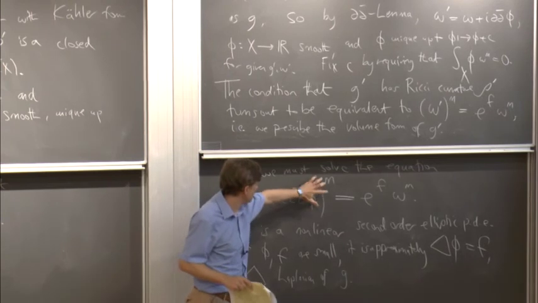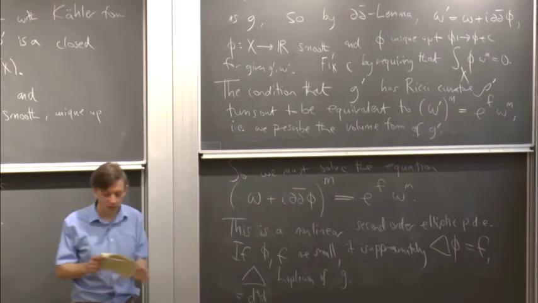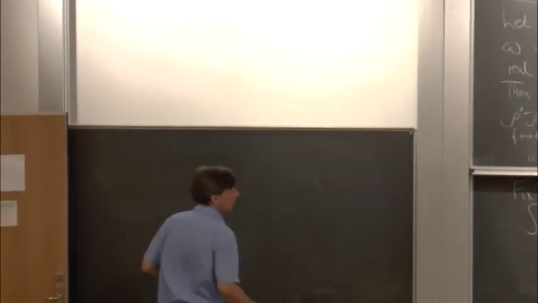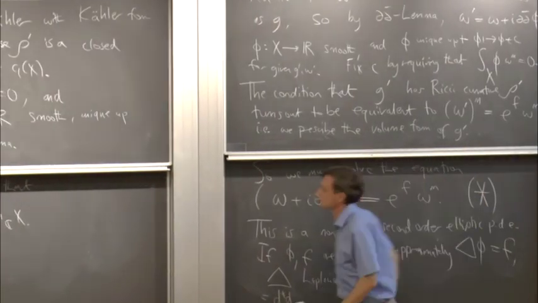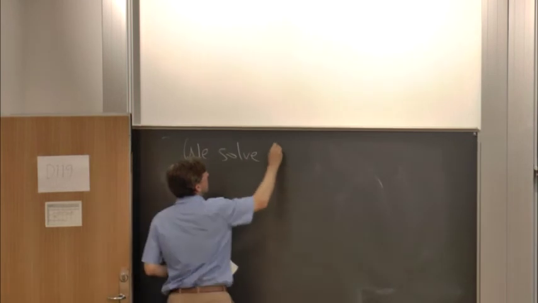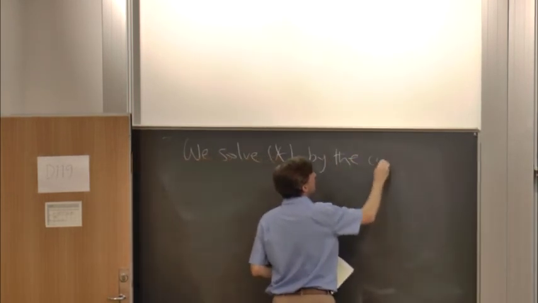When t equals 1, the problem is the one you want to solve, and then you show that you can essentially deform a solution to the easy problem to a solution of the hard problem. So let's call this equation star. So we solve star by what's called the continuity method.